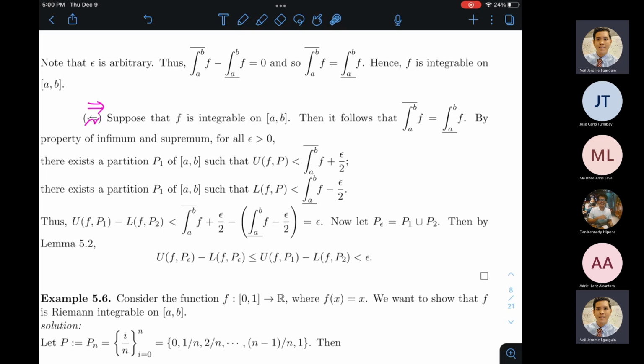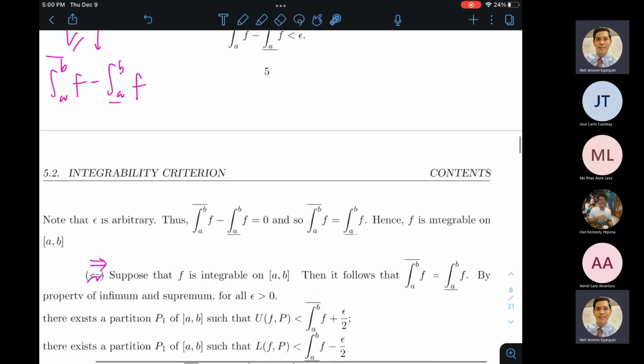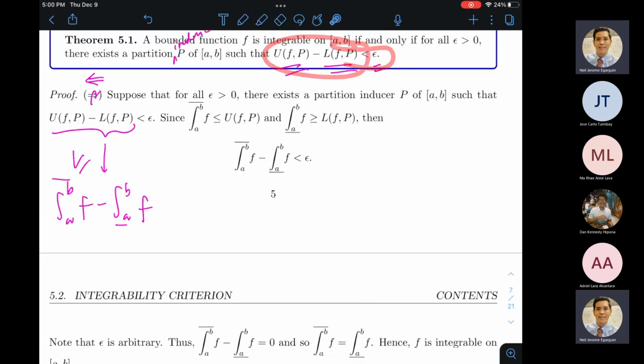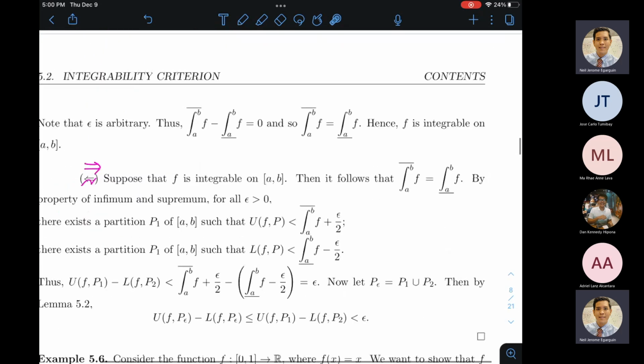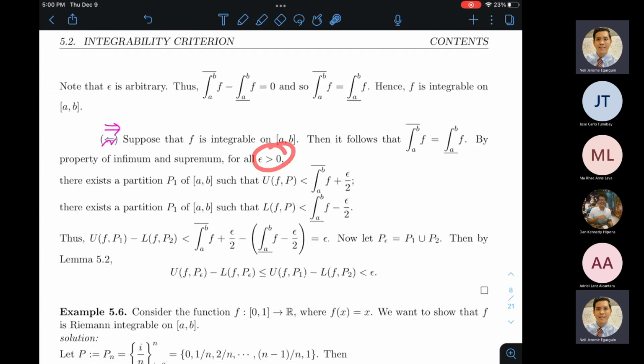Tapos anong gusto nating ipakita? Pag binigyan tayo ng kahit anong epsilon greater than 0, merong partition P such that this inequality is true for all epsilon. Yan yung gusto nating ipakita. Alright? So, magbigay ako ng epsilon greater than 0.